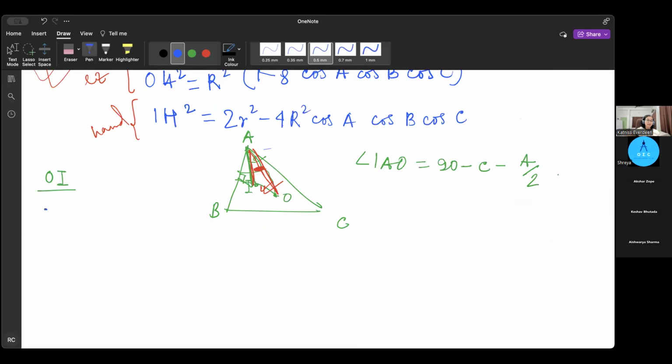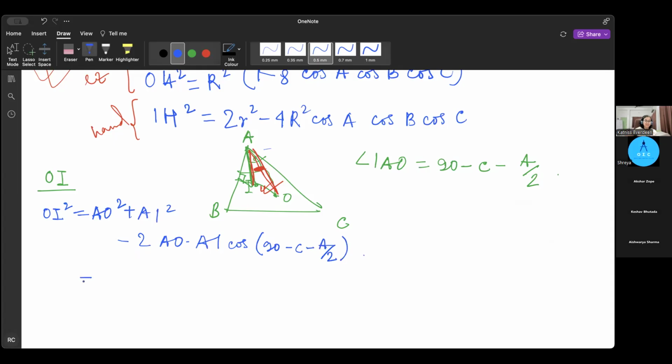From that we can get OI squared is going to be AO squared plus AI squared minus twice AO times AI times cos of 90 minus C minus A by 2. This is just the IAO we found.